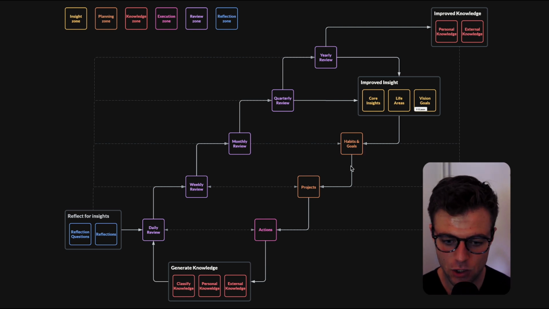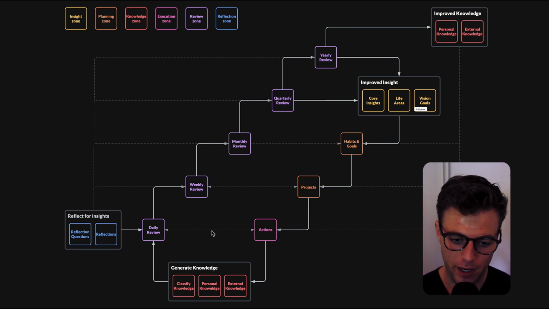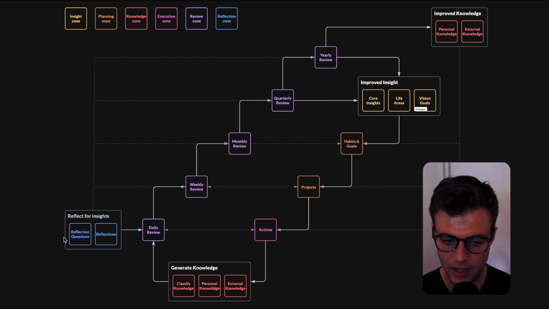We create habits, we create projects, and ultimately we execute on those goals. And then based on our execution, we're going back into that review and we get a better understanding of who we are, right? And the reflection part of that is helping us to get a better understanding of who we are. And then the knowledge part of it is helping us to execute more effectively and efficiently, right?